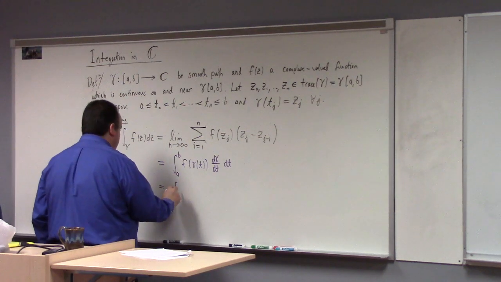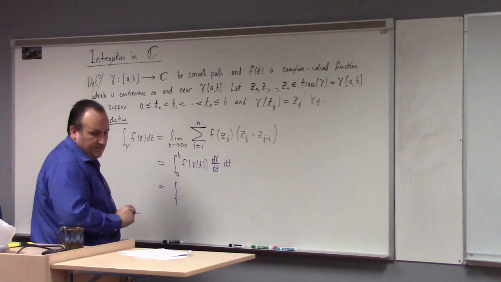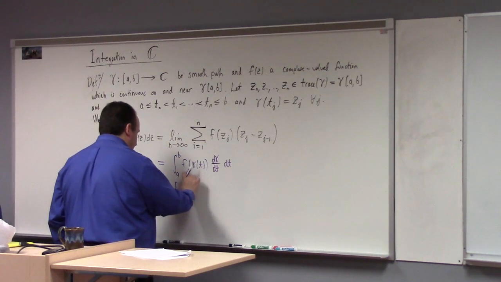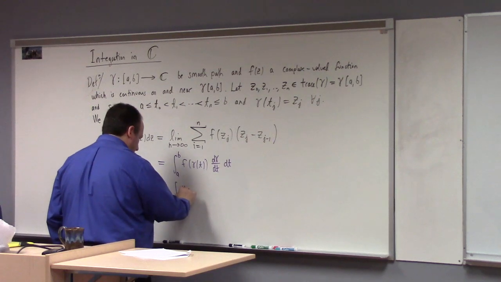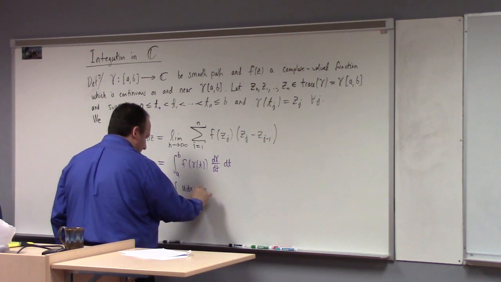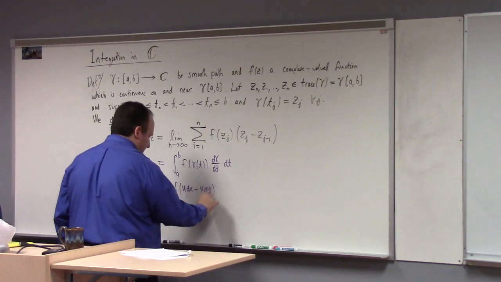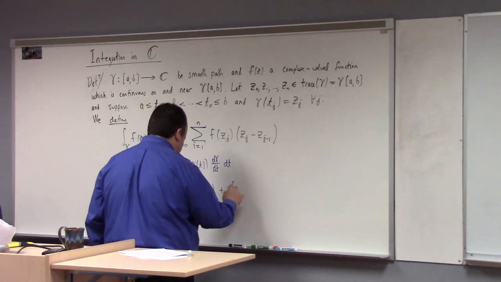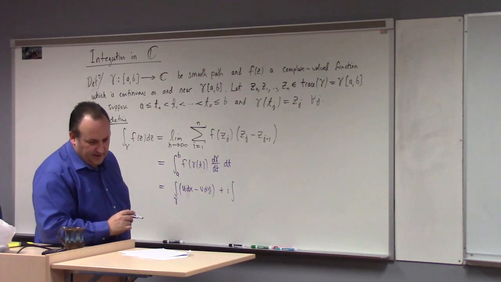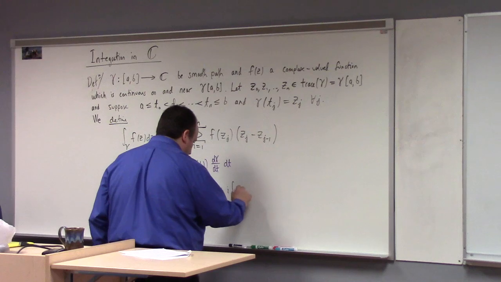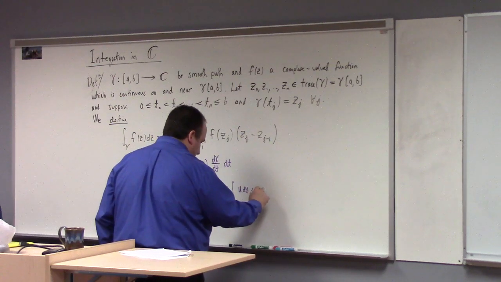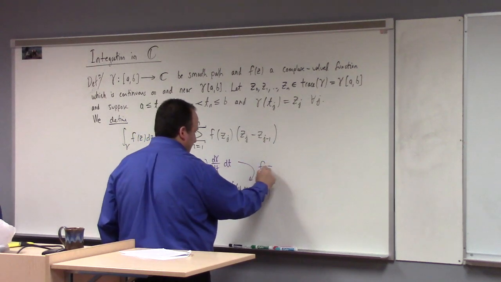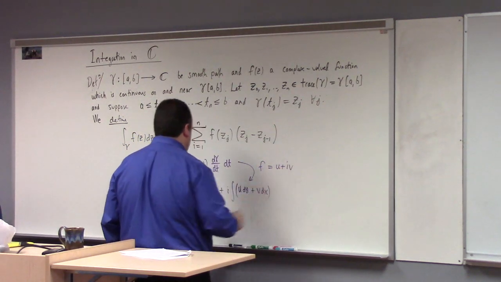It's actually equal to the integral over gamma of u dx minus v dy, I'll put some parentheses on that, plus i times the integral of u dy plus v dx. And over here, we're assuming that f is, as usual, equal to u plus iv.